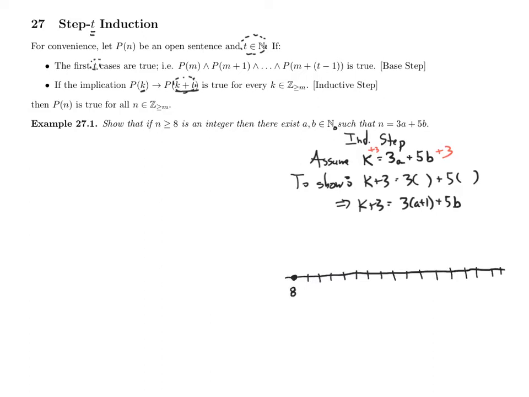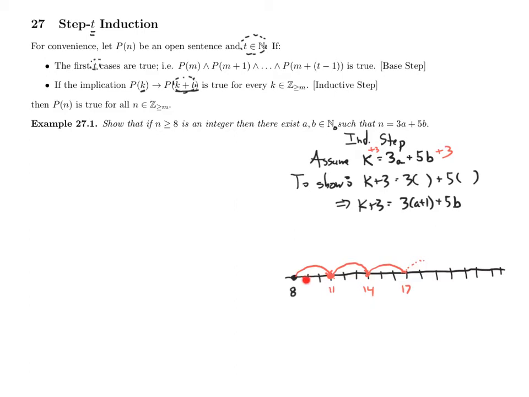And they're just whole number or integer ticks, so this will be 9, 10, 11, etc. What our machine says is that if we know it's true for some value, let's say we can prove that it's true for 8, we can use our machine to show it's true for 3 more than 8. So there it is there. So we get 11, and if we know it's true for 11, we can put that back into our machine to show it's true for 14, 17, etc. We can keep going.